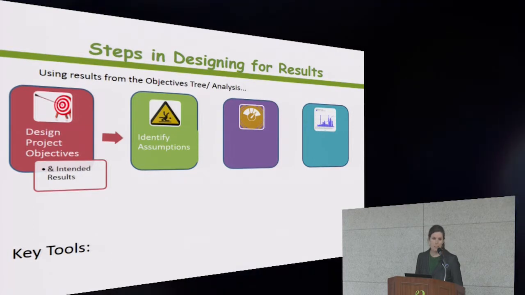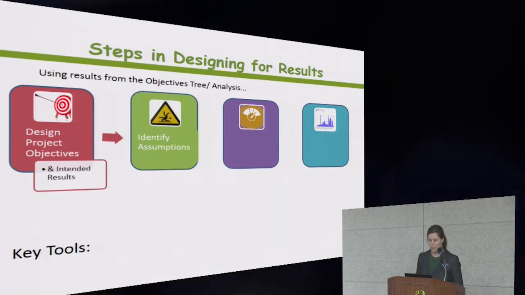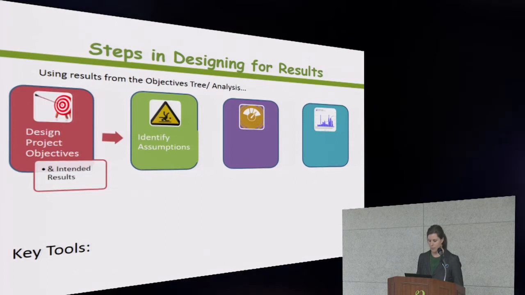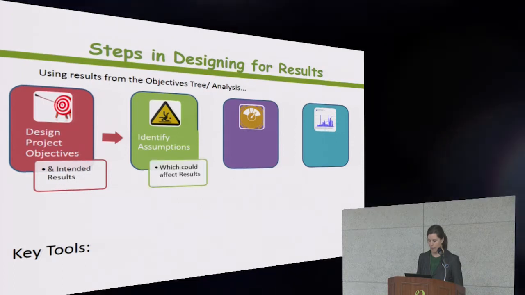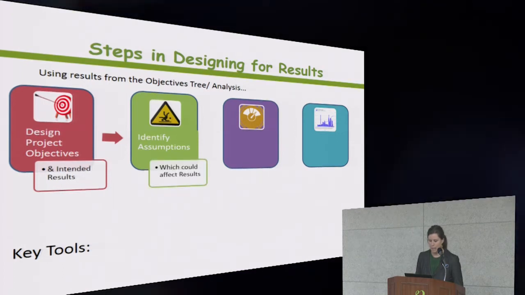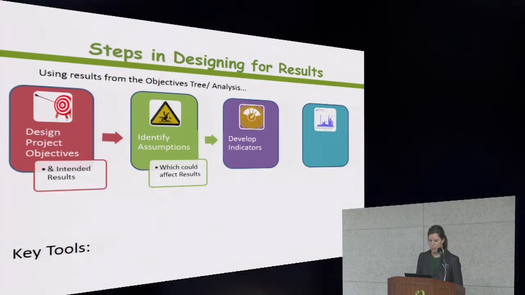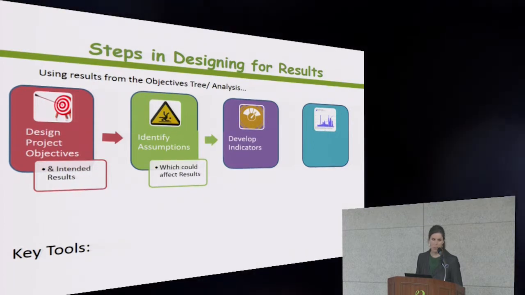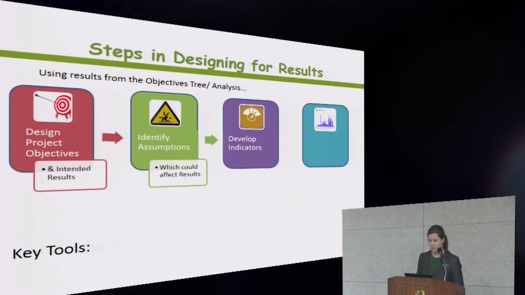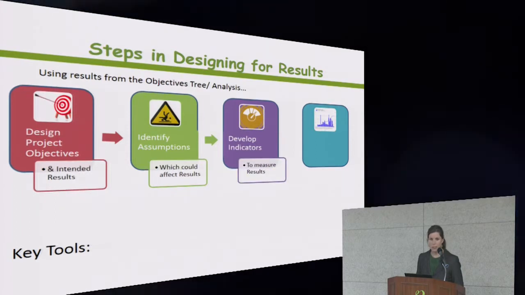Then we're going to identify external factors that could interfere with the achievement of results. Next, we need to determine how we will measure our identified results using strong indicators.